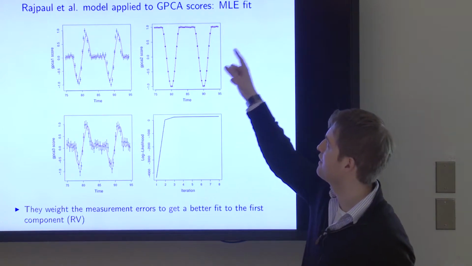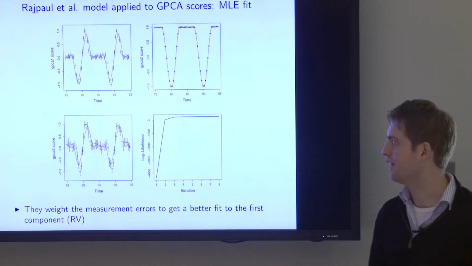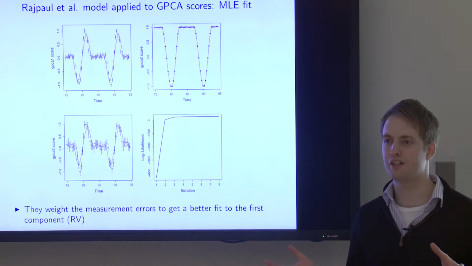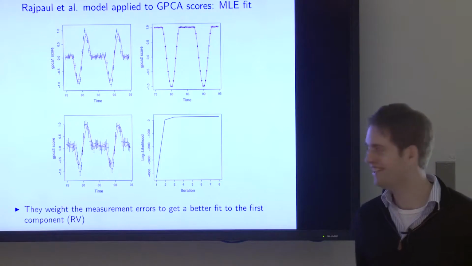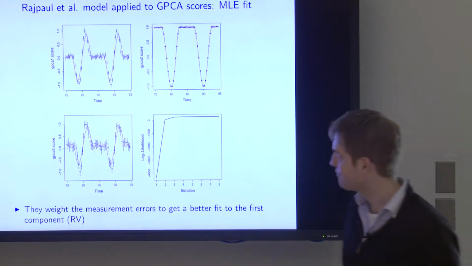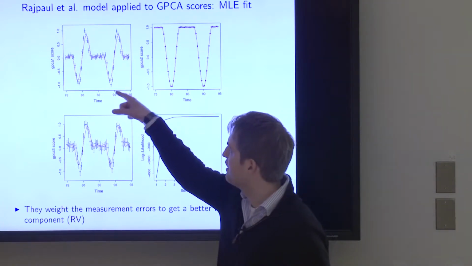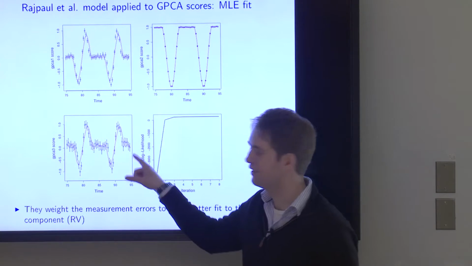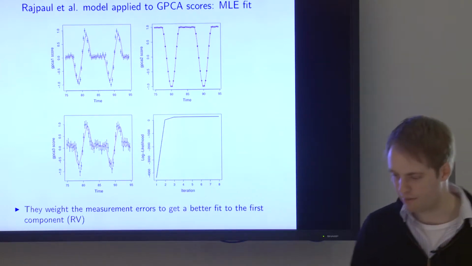We're just going to fit the Rajpal et al. model directly to our output. There's no reason it should really work for our stellar activity proxies, because they're not the same as theirs. But they have a similar shape, so we thought it might work. And it does do a reasonable job, but it misses some of the points in the trough or the peak, and we'd prefer that not to happen.